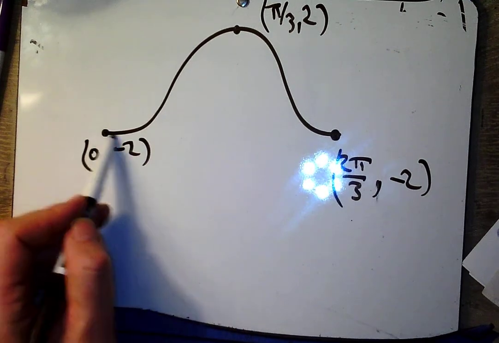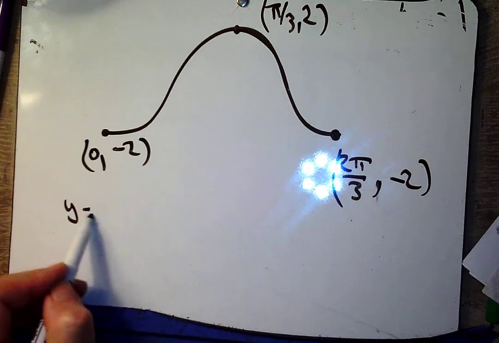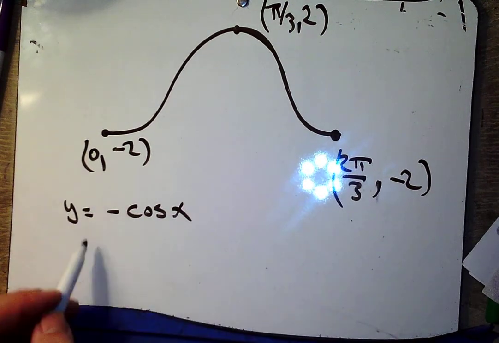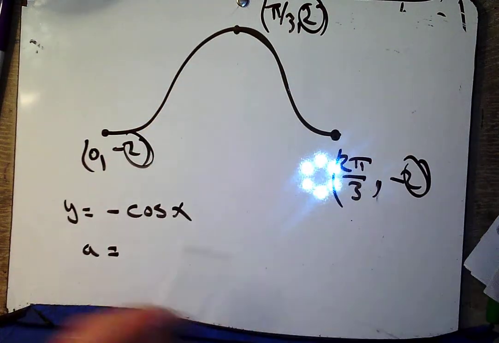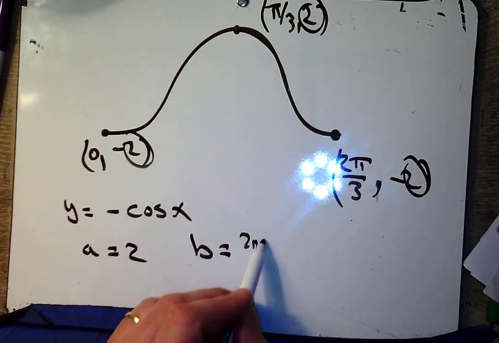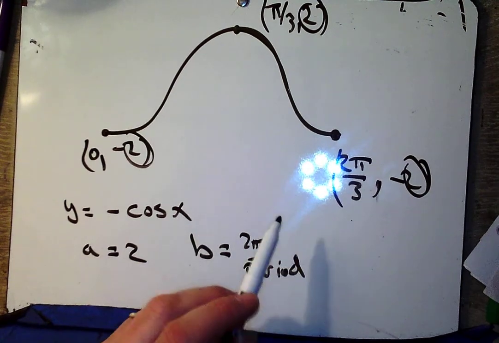Well, since we're starting low, going high, and coming back down again, I think this is going to be y equals negative cosine. Good. What's our a value? Yep, a value is 2. And remember, the b value is 2 pi over the period. How do we figure out the period?